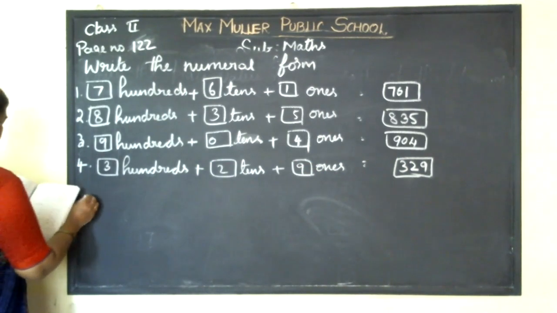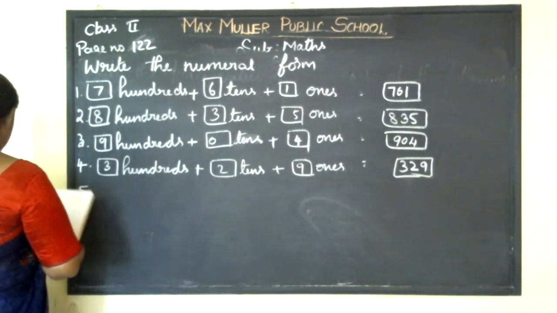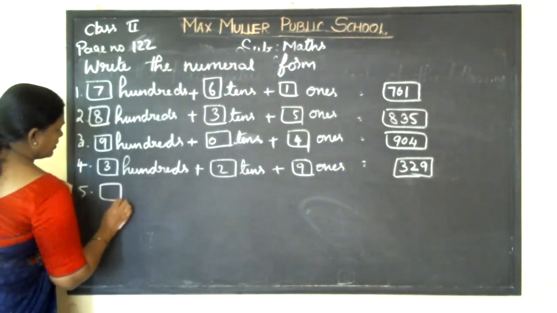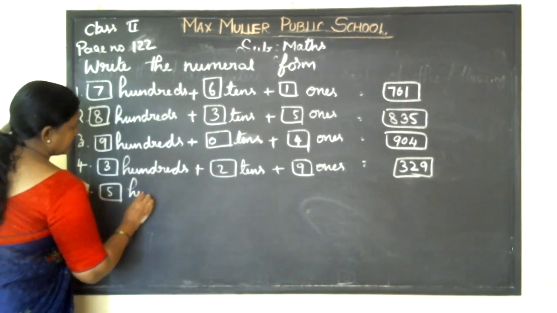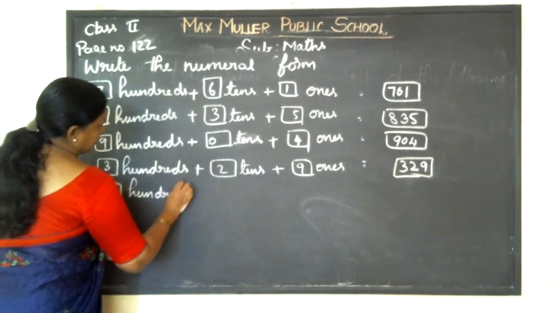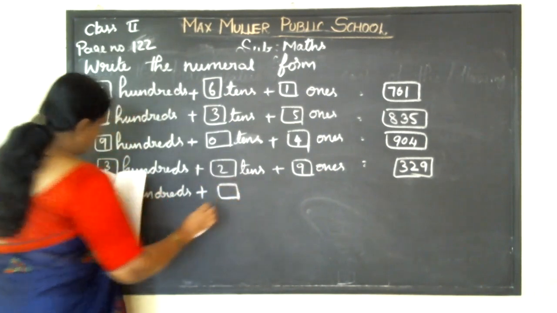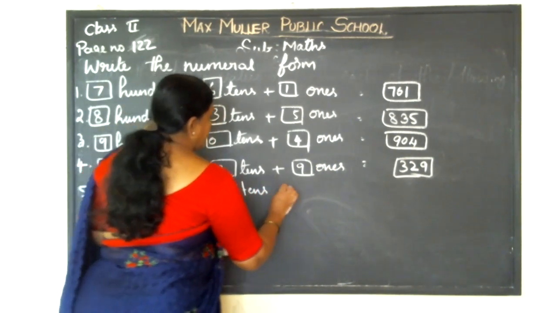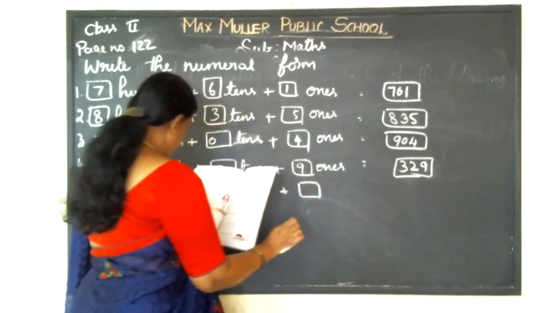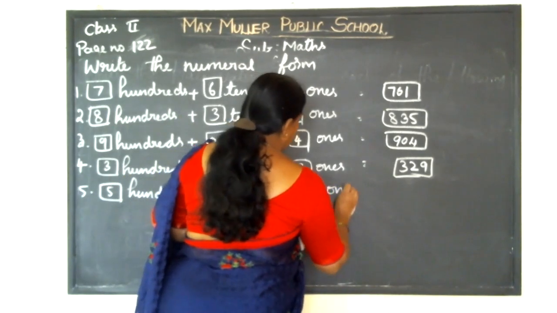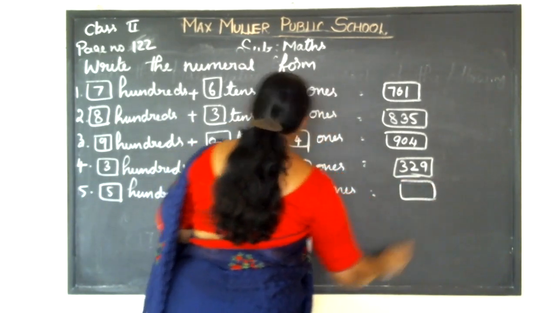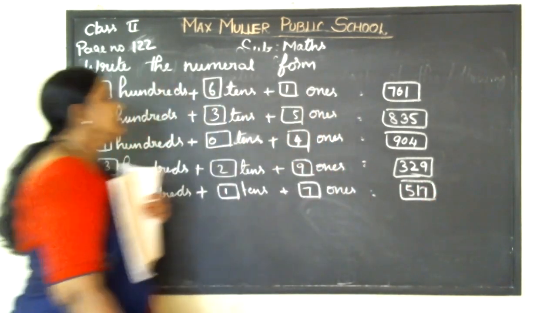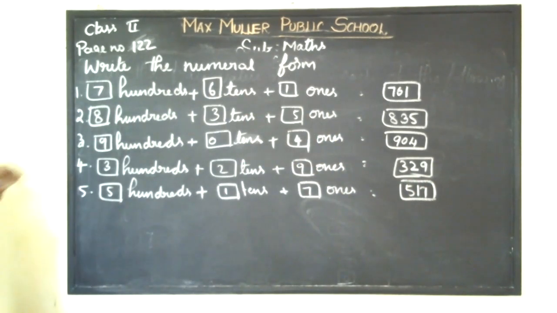Fifth one, 500 plus 1 tens plus 7 ones. 517. 517. Write the numeral form.